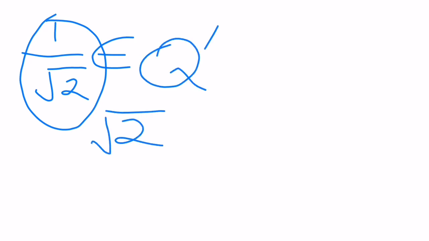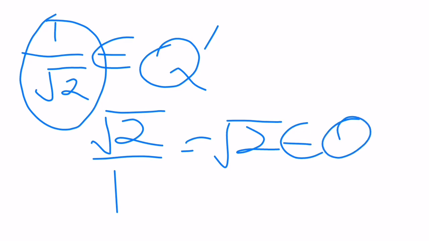Square root 2 divided by 1 also cannot be written as the quotient of two integers, so square root 2 belongs to irrational numbers. Pi is a well known irrational number. Euler's number is also an irrational number.